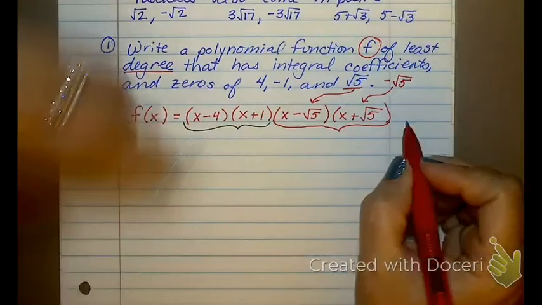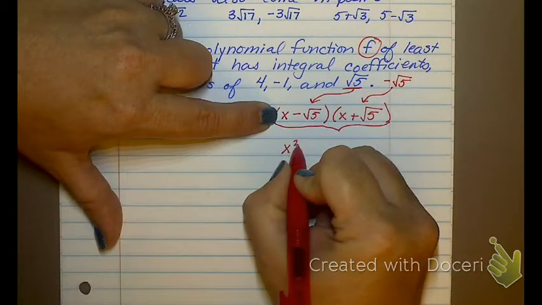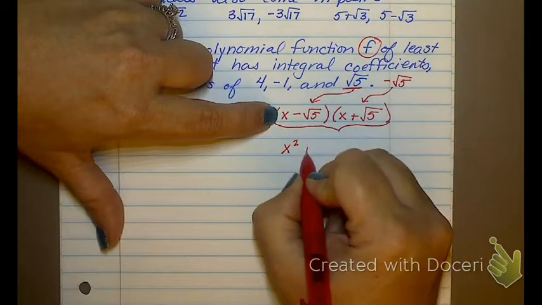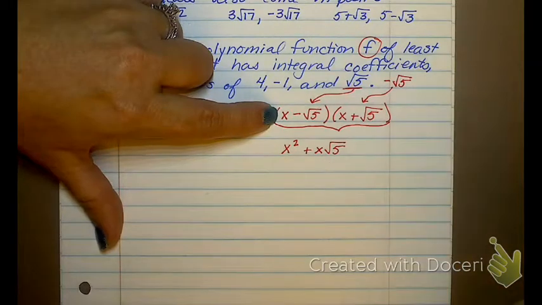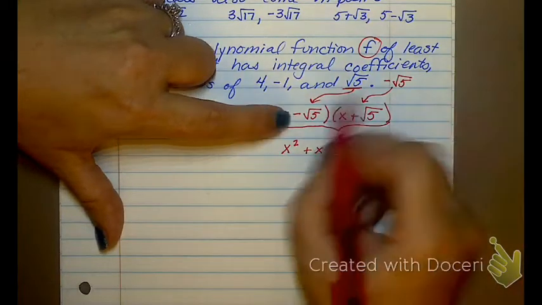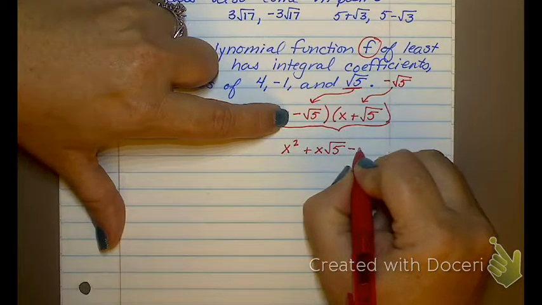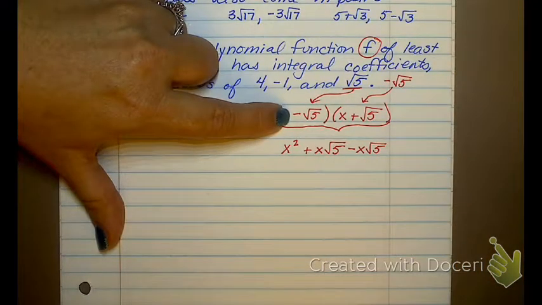Okay? So, starting over here, x times x gives me x squared. What's x times radical 5? X radical 5, because the x has to stay outside, right? What's negative radical 5 times x? Negative x radical 5.